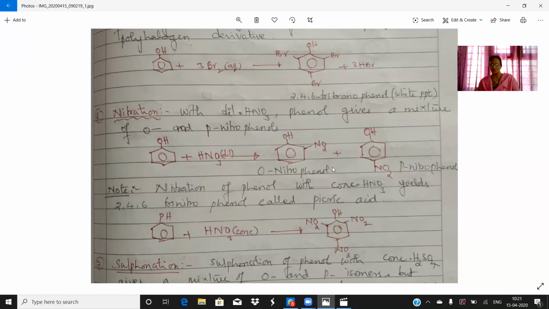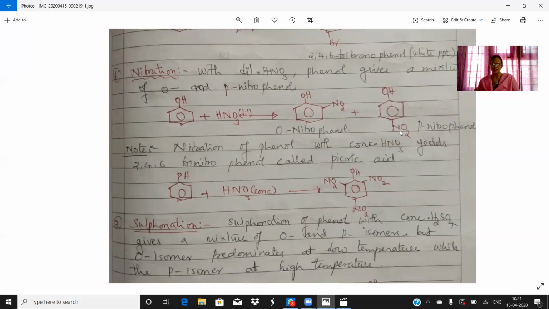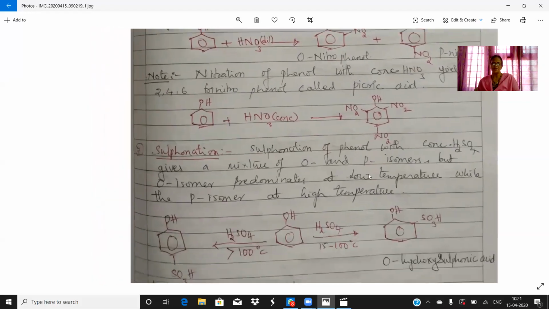If nitration of phenol is performed in the presence of concentrated nitric acid, we get 2,4,6-trinitrophenol, as polynitration takes place. This 2,4,6-trinitrophenol is known as picric acid. So this is a nitration reaction where the benzene nucleus is involved.